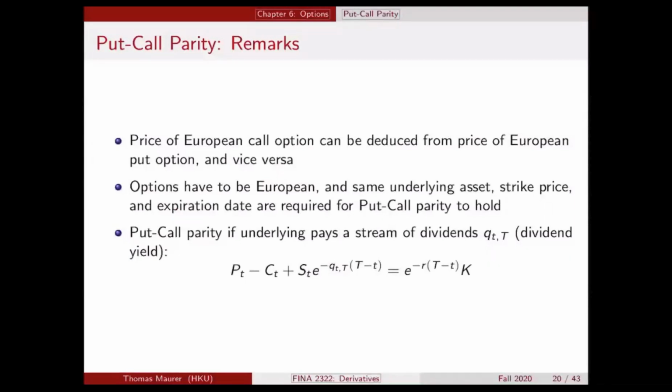Either way, both derivations yield an equivalent formula for the put-call parity.